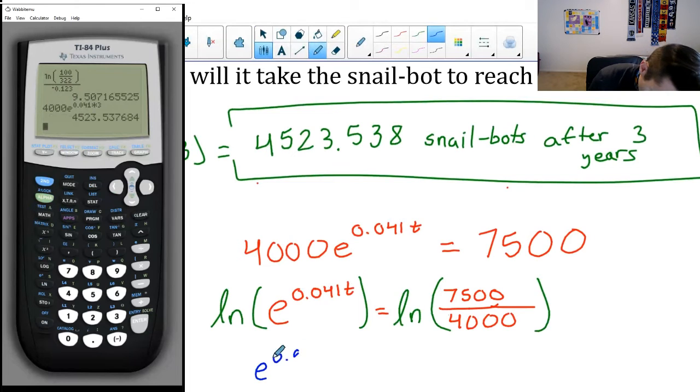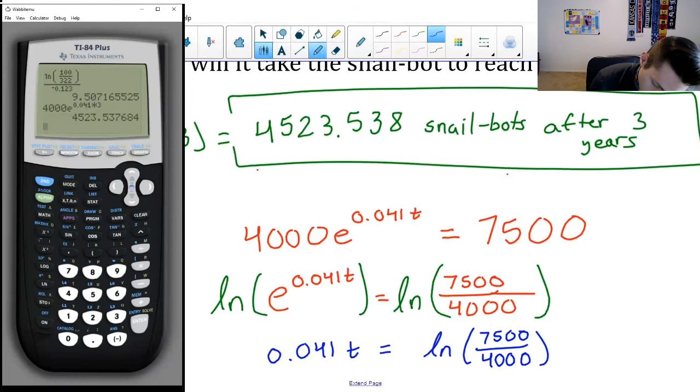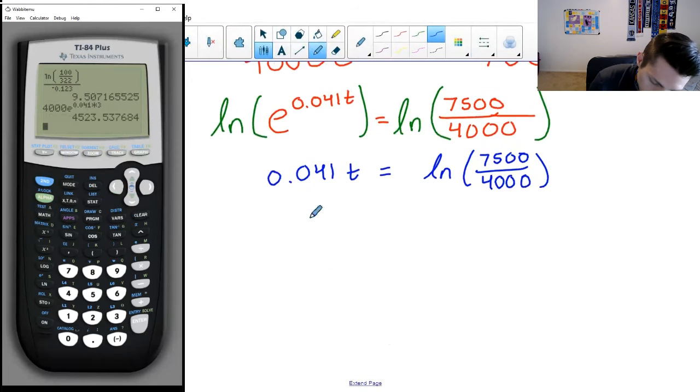That would get rid of the e. 0.041 times t equals the natural log of 7,500 over 4,000, and then lastly divide both sides by 0.041.